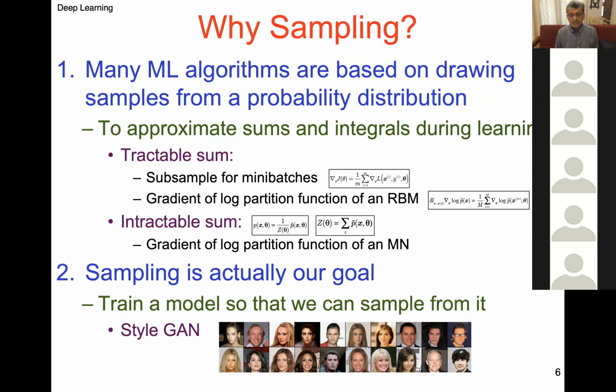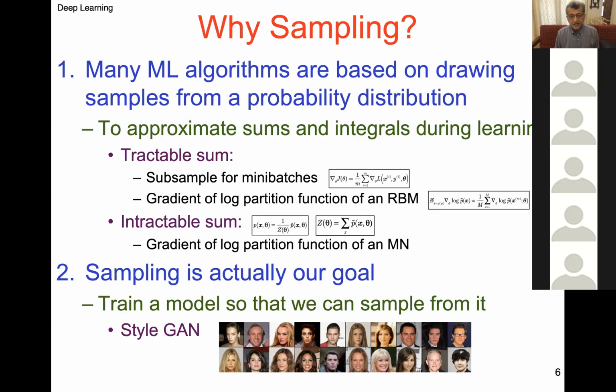For instance, we take a mini batch and compute the derivative of the loss function over the mini batch of, let's say, a small number m of samples, and we could use that to update the parameters, right?